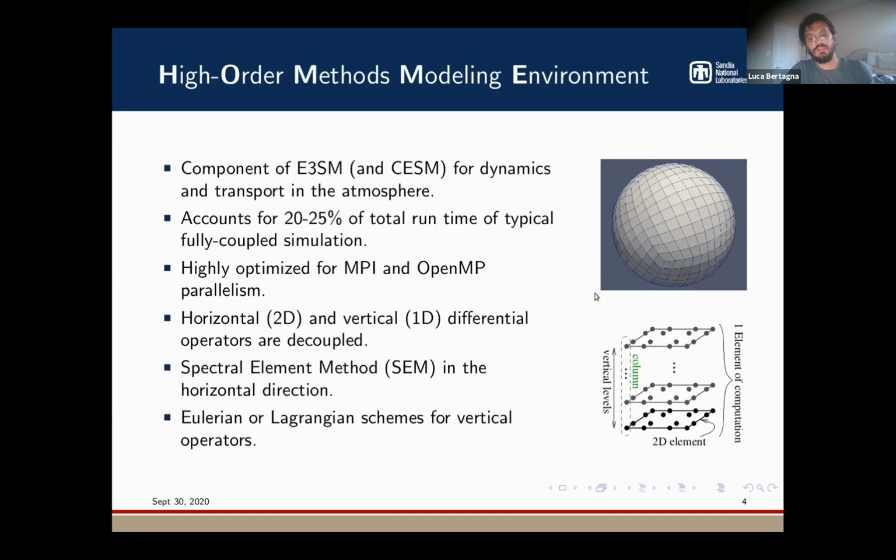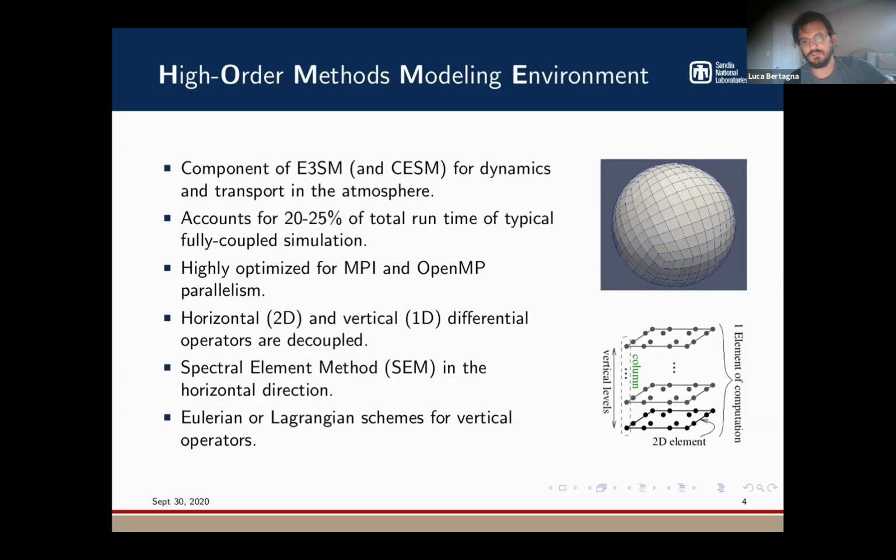On the right, I'm showing a typical computational element of HOMME. On the top, you can see a typical grid on the sphere. Each of those quadrilaterals is a spectral element. HOMME uses the spectral element method in 2D and either Eulerian or Lagrangian schemes for the vertical operators. On the right, on the bottom, you can see the structure of the element.